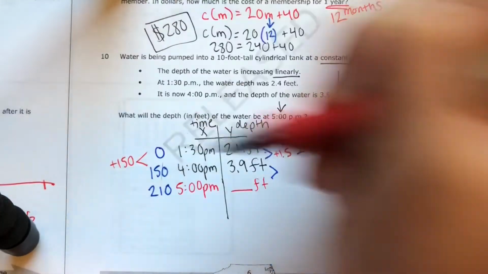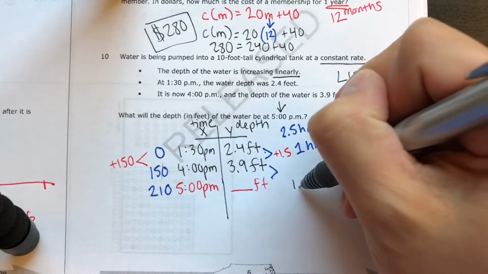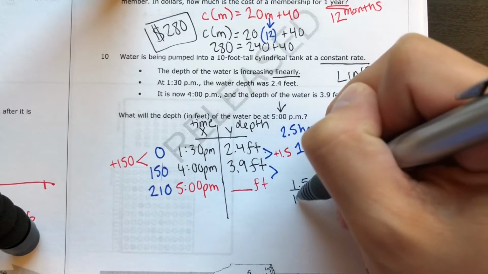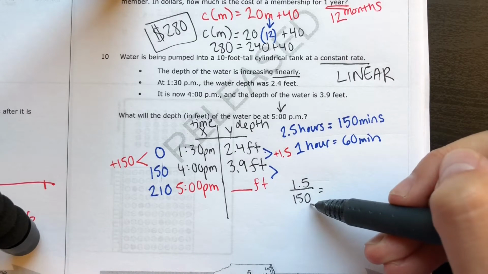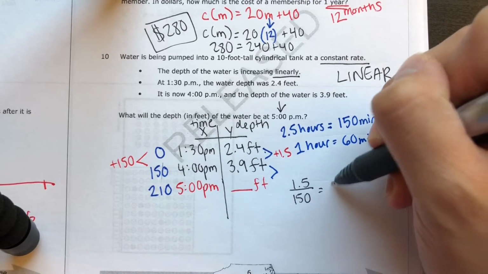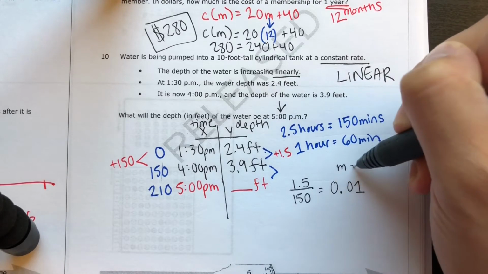From 0 to 150, it's plus 150. When I do my rise over my run, that becomes 1.5 over 150. When I simplify that, this can go into this 100 times, so I know it's going to be around 1%. So this becomes 0.01, which is my slope value.